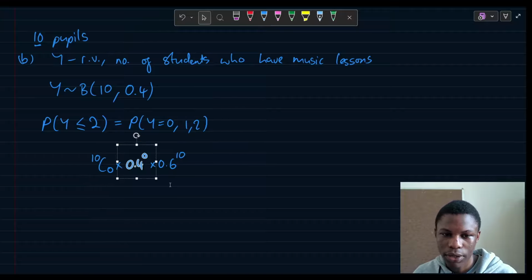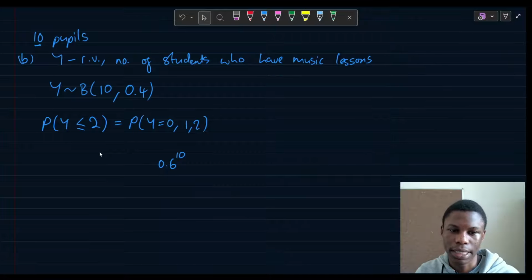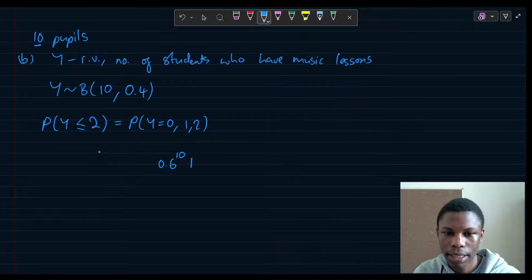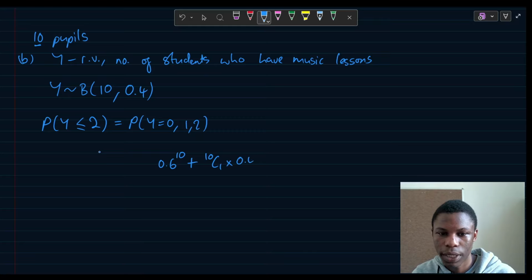Anything to the power 0 is 1. So in reality here, from y equals 0, all we're interested in is the 0.6 to the 10 plus, now y equals 1, that's 10 choose 1 times 0.4 to the 1 times 0.6 to the 9 plus, we'll do the 2 now, 10 choose 2 times 0.4 to the 2 times 0.6 to the 8.